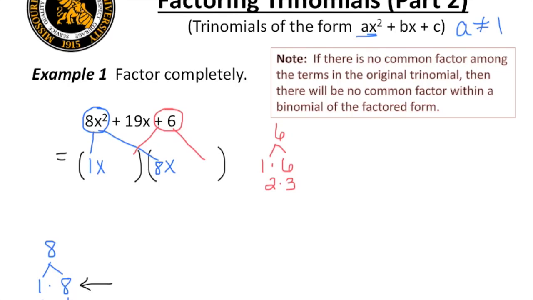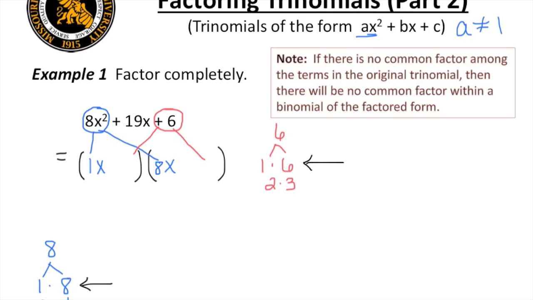Now let's consider the factors of 6. Again, we have to start somewhere, so let's go with the first factor pair, 1 and 6. Where we place these two factors in our binomials does matter, since 1 and 8 have already been placed into our binomial.